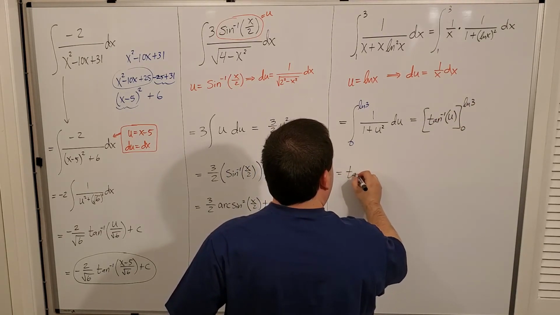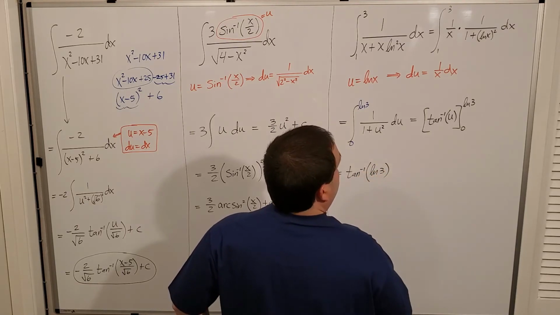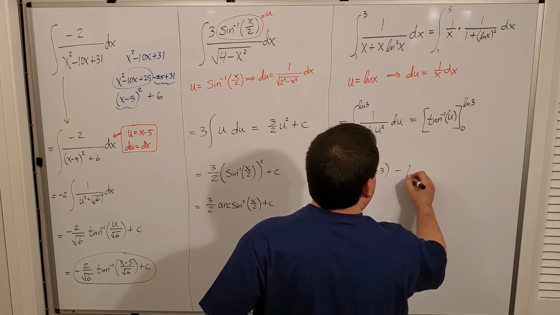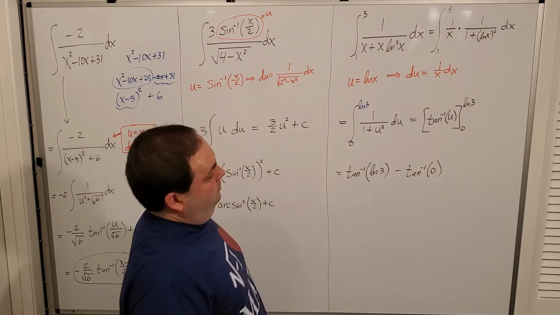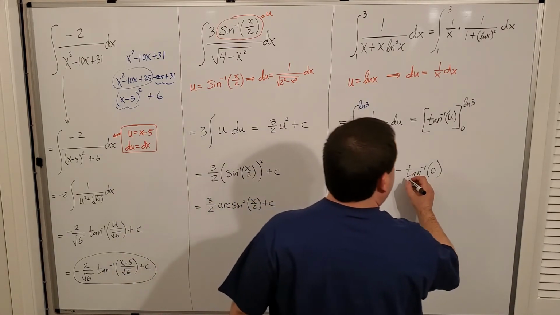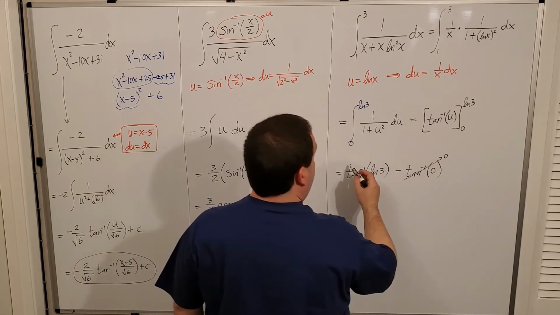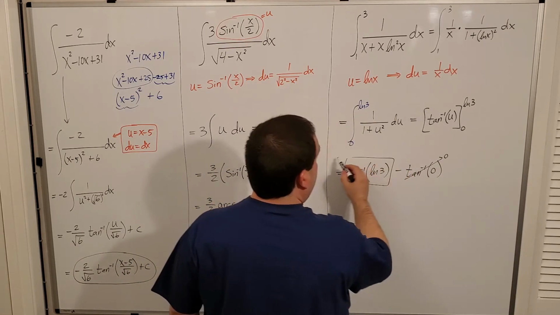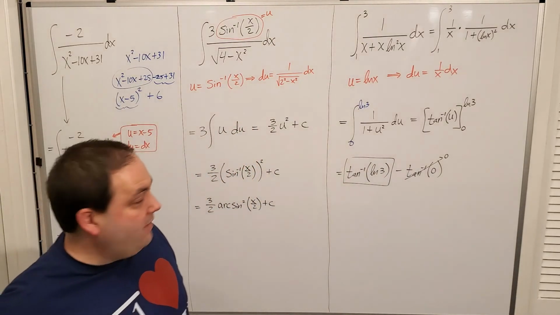So that's going to be the arctangent of ln 3 minus arctangent of 0. Well, nicely enough, arctangent of 0 is 0. So that piece is gone, and I'm left with this as my final answer for the exact value.